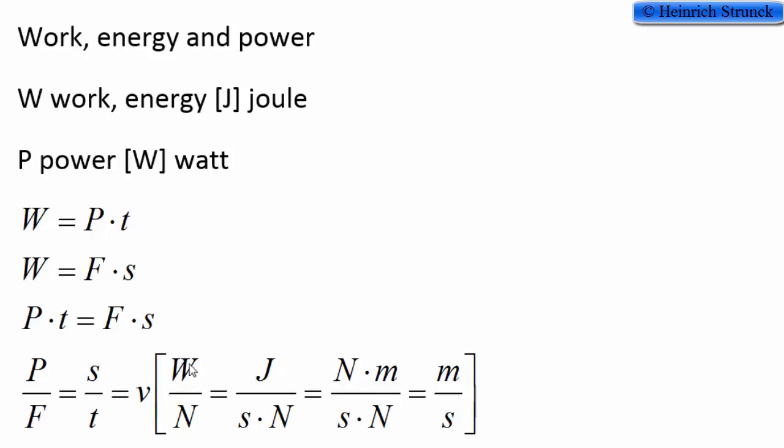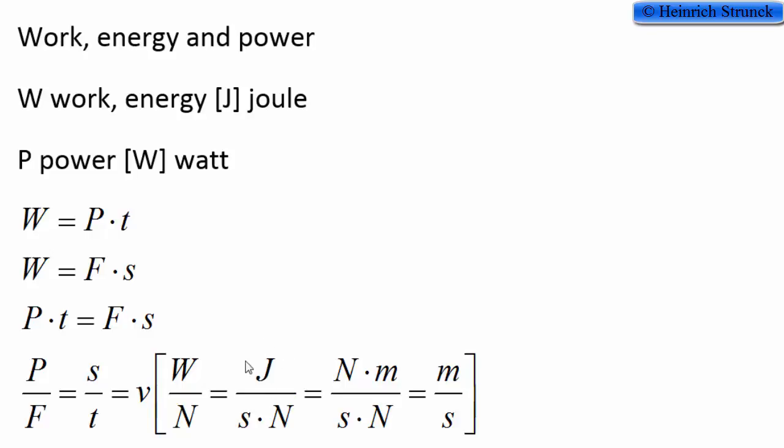So W, the symbol, is connected to the unit, and the symbol P is for power, and the power is equal to the work divided by time, and work was joule and time is second. So instead of watt we can write joule per second. So now we have joule per second divided by Newton.